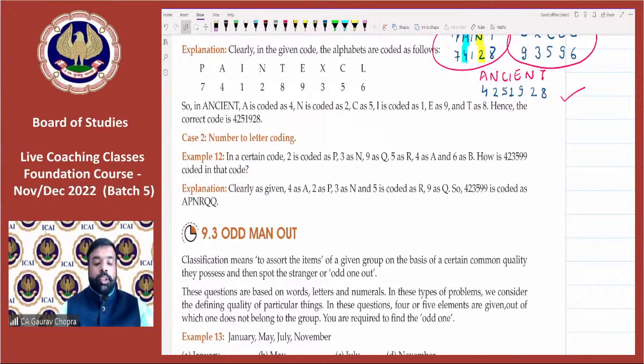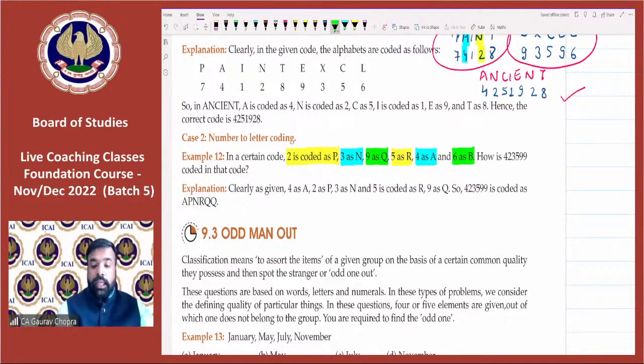Then example number 12. In a certain code, 2 is coded as P, 3 is coded as N, 9 as Q, 5 as R, 4 as A, 6 as B. All these are the given codes.